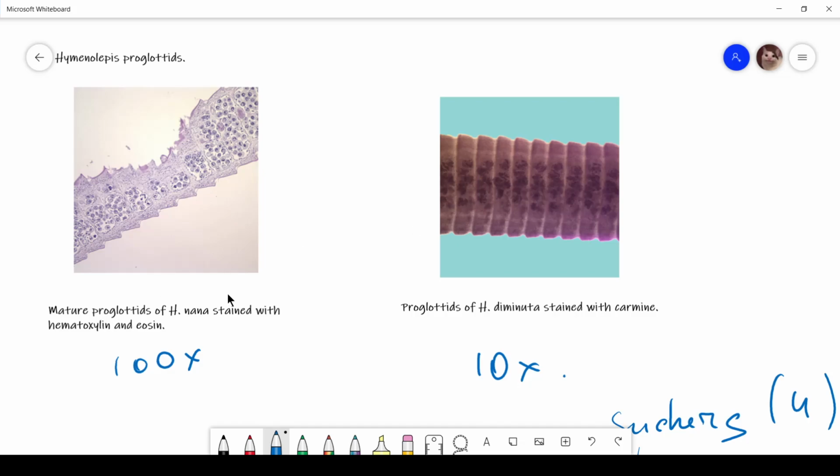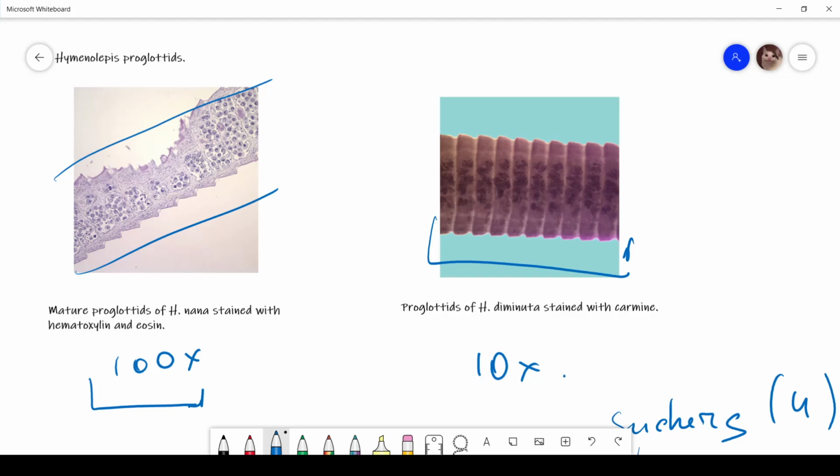As you remember, Hymenolepis nana is smaller than Hymenolepis diminuta. This part of the body of Hymenolepis nana you can see in 100x magnification, and this part of the strobila of Hymenolepis diminuta is in 10x magnification, excuse me.